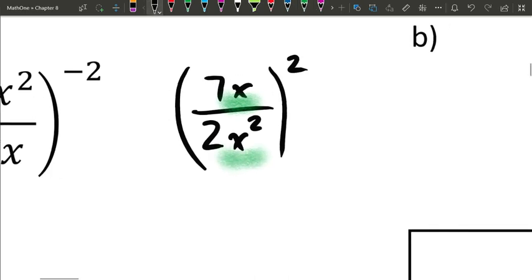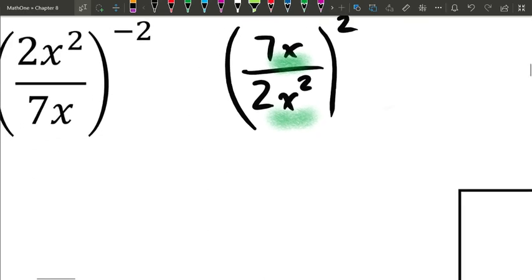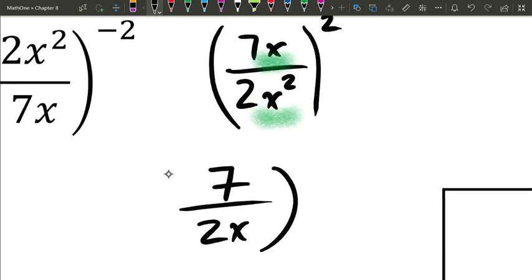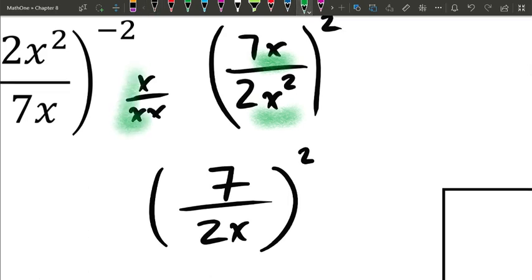So I can simplify that to 7 divided by 2x, because x divided by x squared is just 1 over x. If I was to write it out, there's an x over an xx, right?